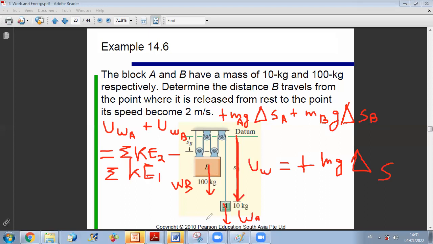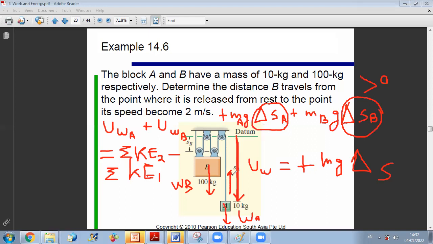Since B is moving down, delta SB is positive, so the work of the weight of B is positive. This is expected because when you move down, the work of the weight is positive. While for A, delta SA is negative because your block is moving upward. So when you calculate mg delta SA, you will get a negative work.